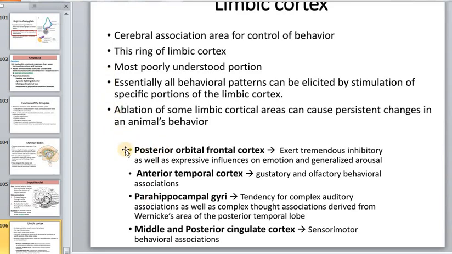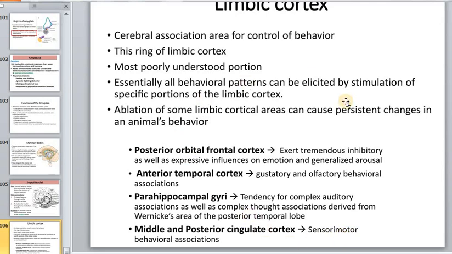What we have is the posterior orbital frontal cortex and anterior temporal cortex, and the function. Here we see olfactory behavior, and they exert inhibitory as well as expressive influence on emotional control, with a tendency toward complex auditory association, as well as complex association derived from the area of the posterior temporal lobe.